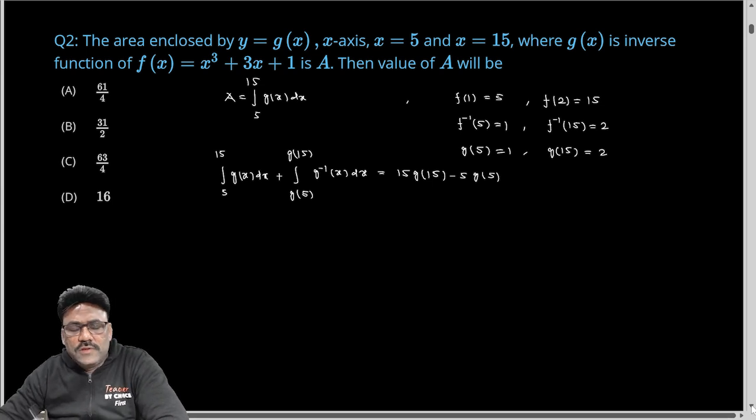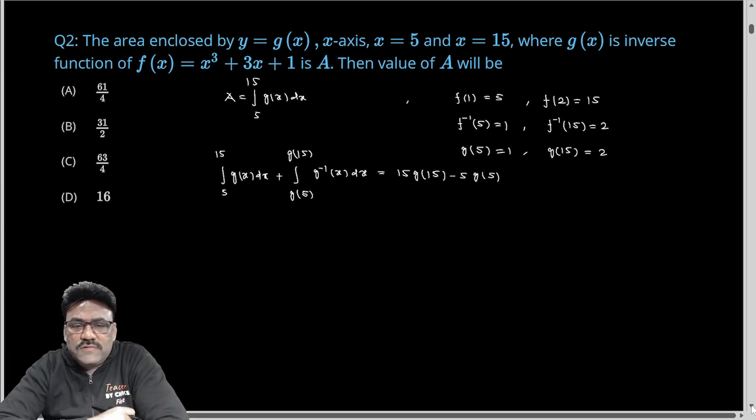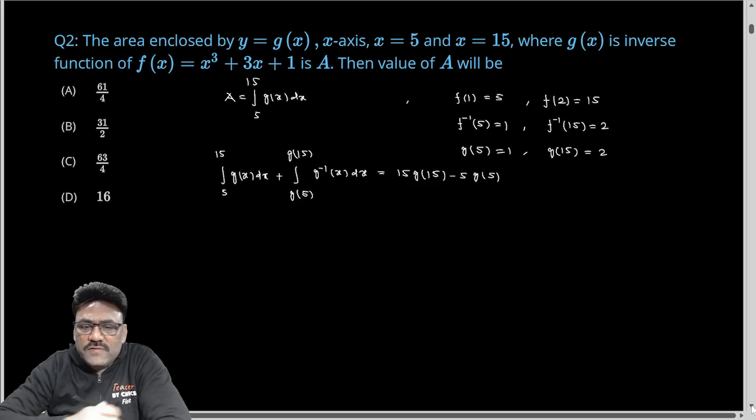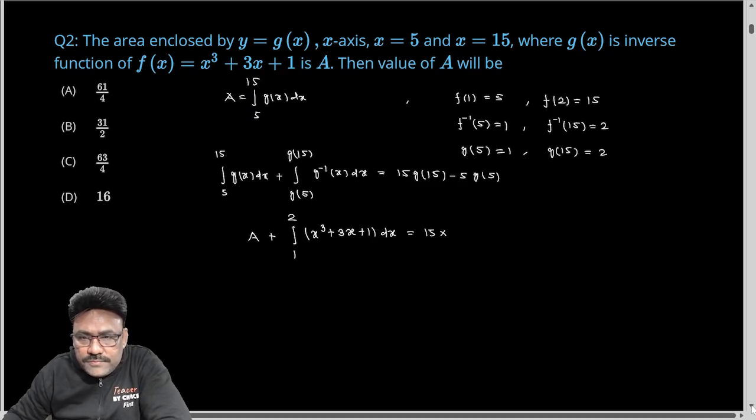This is a well known result, that the integral from a to b of f(x) dx plus the integral from f(a) to f(b) of f inverse x dx becomes b f(b) minus a f(a). This is what I'm using here. Now the integral from 5 to 15 of g(x) dx is A. g(5) is 1, g(15) is 2, and g inverse x is nothing but f(x), which is x cube plus 3x plus 1 dx. Now 15 times g(15), which is 2, minus 5 times g(5), which is 1.